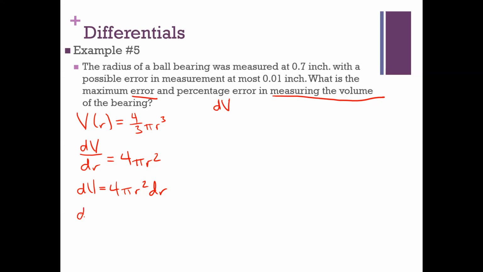So my change in volume is going to be this, 4 pi times the constants. I believe my radius is 0.7 inches, and it could be off by as much as 0.01 inches.